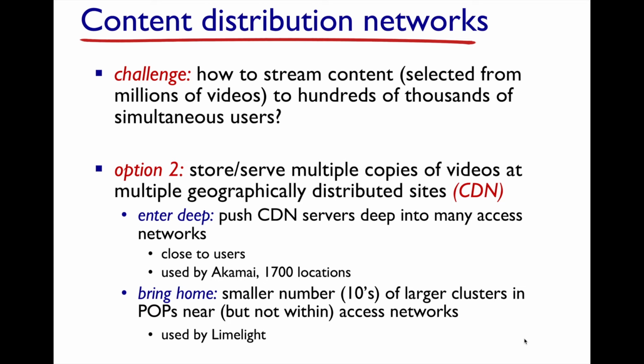That's why you on Verizon can send an email to someone else on the Sprint network, right? Because somewhere there are locations where Sprint and Verizon locate their routers and exchange data with one another. In those data centers, in those points of presence, you can also locate servers for content delivery networks. That's the other approach.